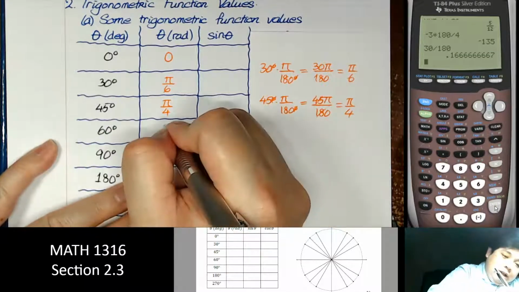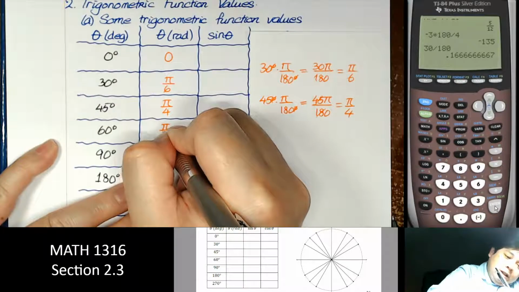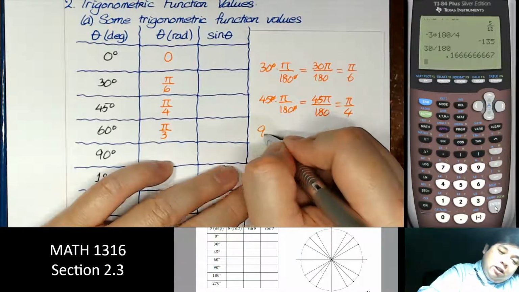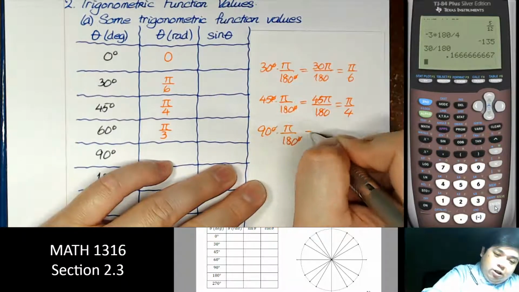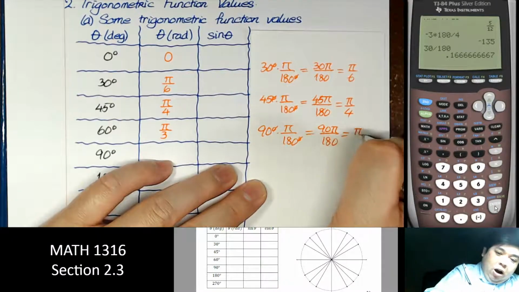And 60 degrees, if we do that, will be pi over 3. And 90 degrees, pi over 180, cancel out, 90 pi over 180, pi over 2.